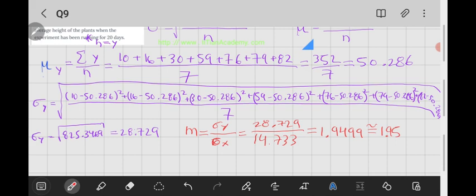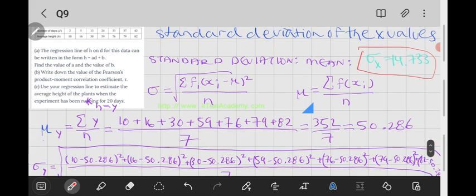Okay, so now for our equation, we have multiple values for H and D. That's what I mean to say.